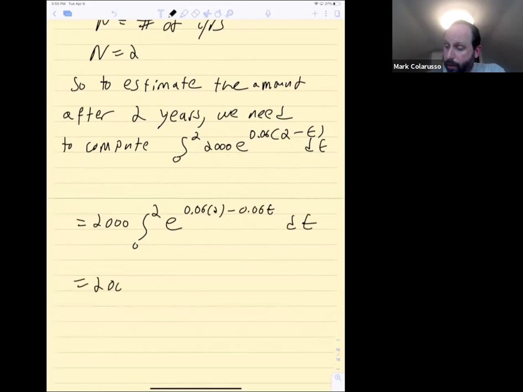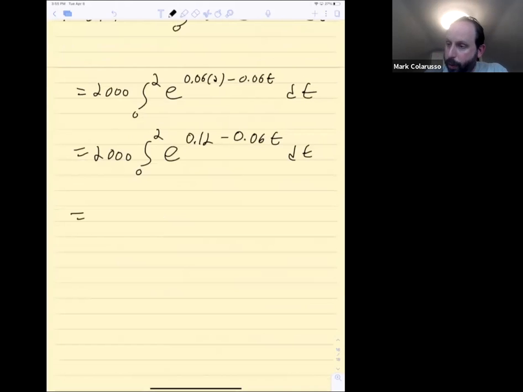So I get 2,000 times the integral from 0 to 2 of e to the 0.06. Oh, sorry. So 2 times 0.06 is 0.12. Right, so just think 2 times 6% is 12%. Minus 0.06 t dt. And if you like, I could just rewrite it a bit.